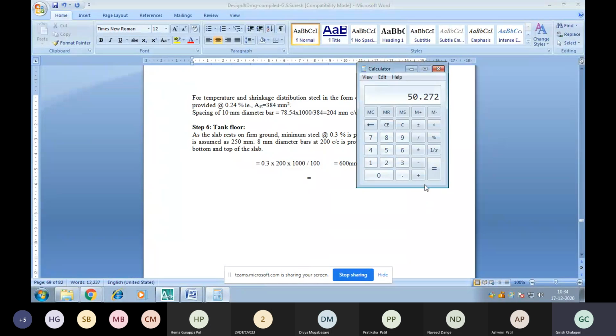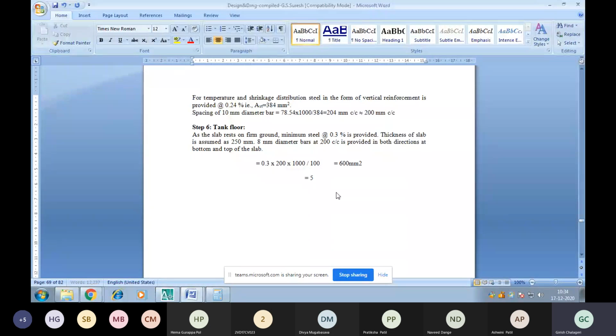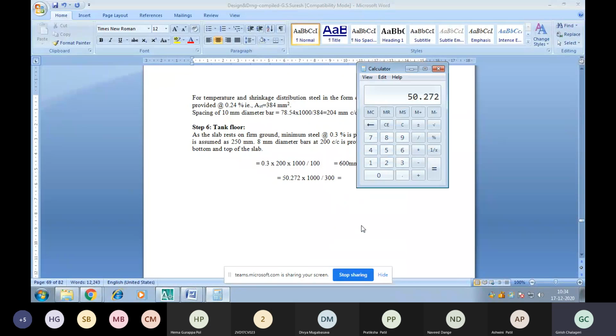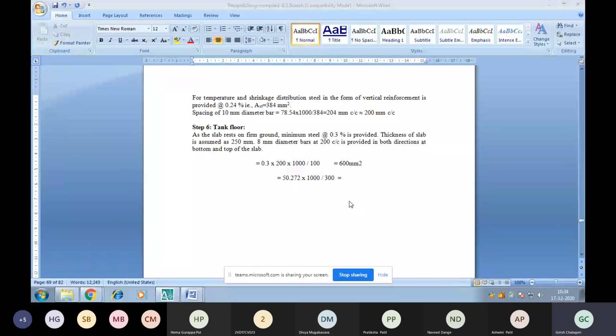That is 50.275, divided by 300, into 1000. So we get a spacing of about 167.